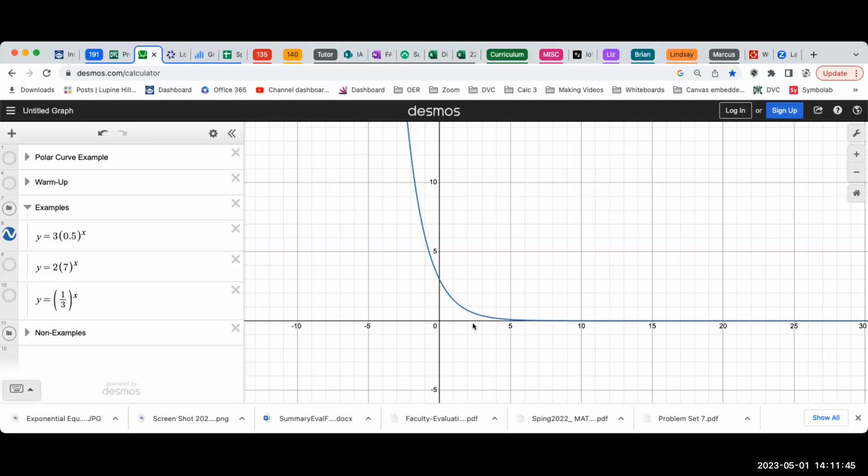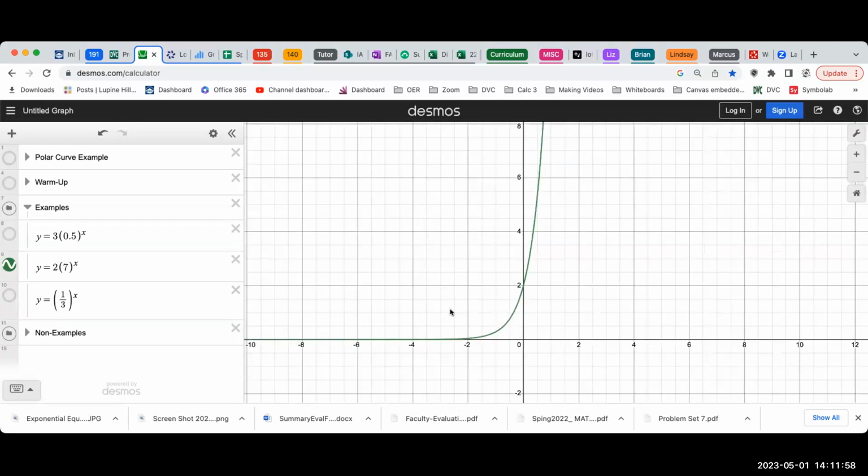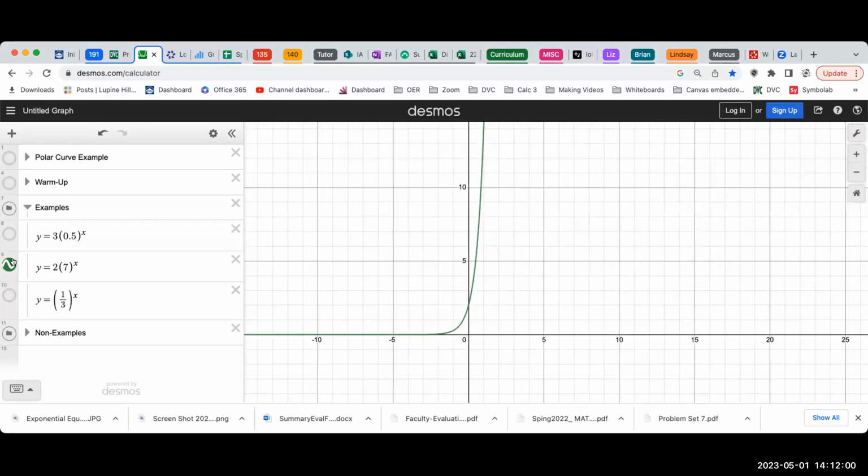But is this a decay or a growth? It's decreasing, right? As x gets bigger, the y values are decreasing. Well, this one is increasing, so it's growth. What do you think this third one will be? Decay. So which ones are decay?